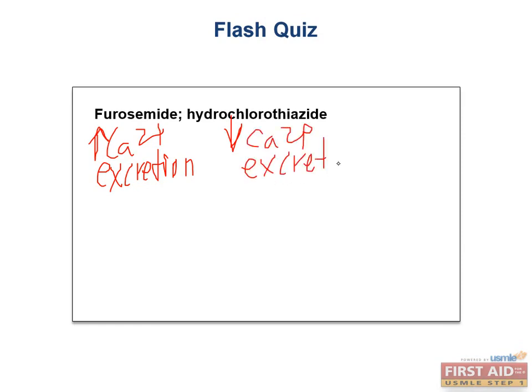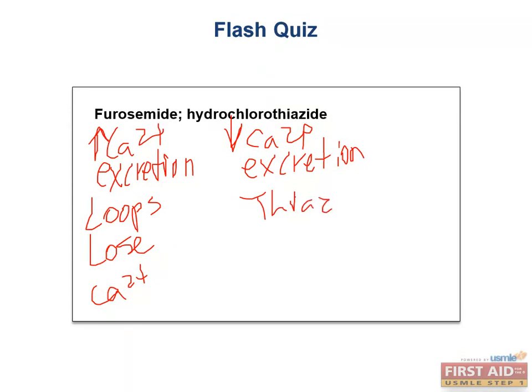Remember that loops lose calcium. And I don't remember a great mnemonic for thiazides, but thiazides save calcium. Loops lose calcium because they make the lumen potential more negative.